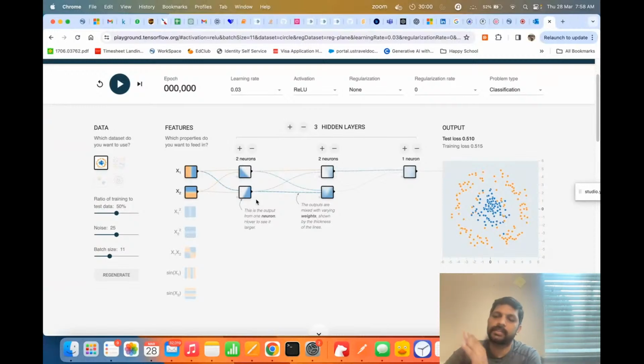So as the number of layers grow, the equation will keep growing, x plus b. Okay, let's remove the b term for now.